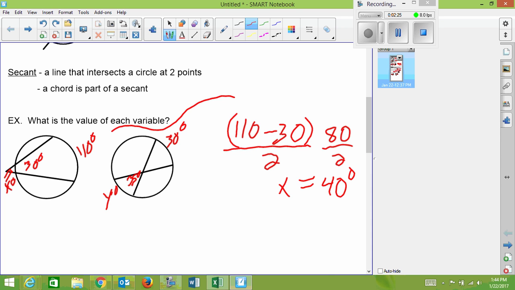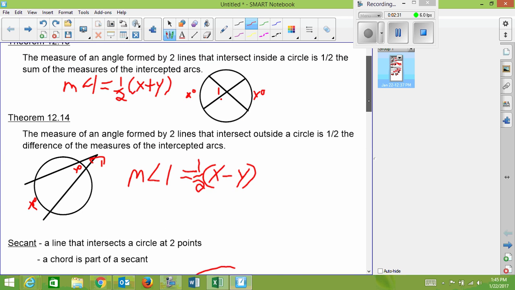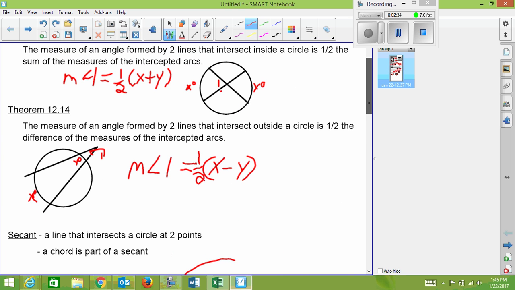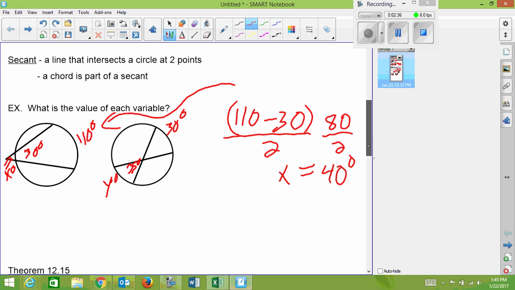And I'm dealing with that circle right there. To find y, I have to use the other rule that states that I add the two intercepted arcs together, and then divide it by 2.